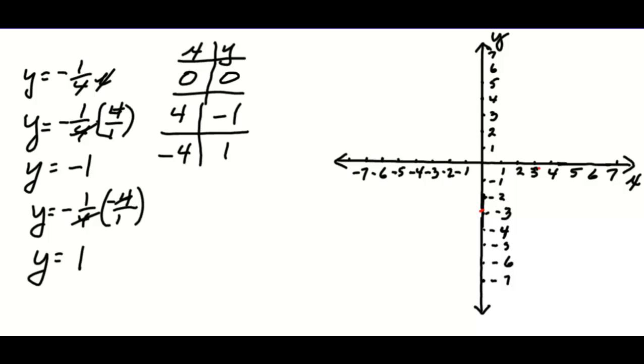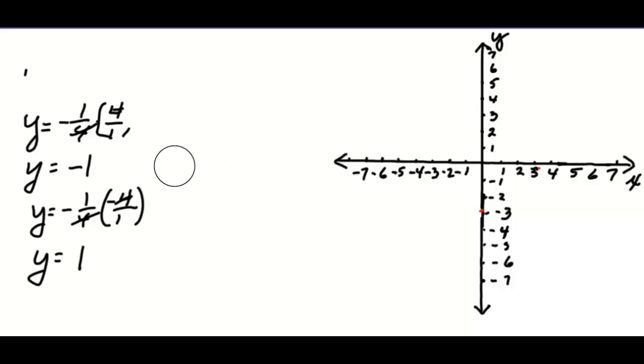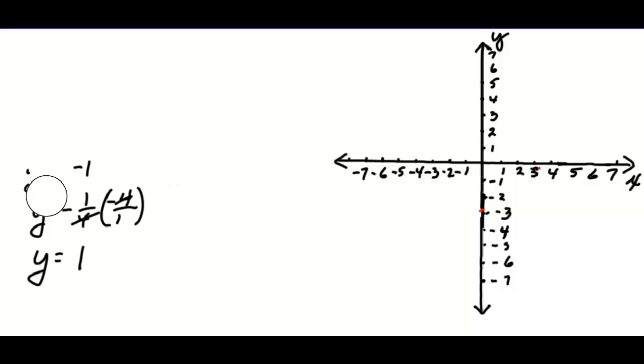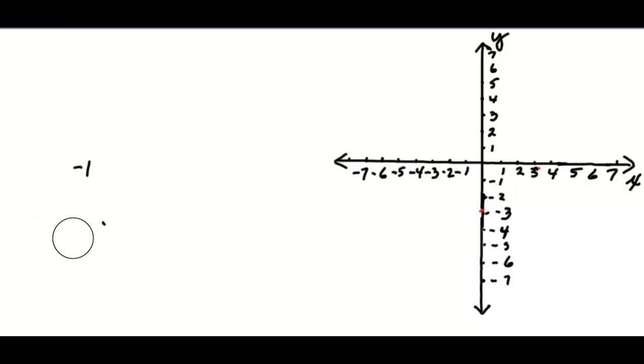Taking a look at two others that are on that page, what we want to look at is problems number 22 and 24. In 22, what it says is y equals negative 3. In this particular case, there is no x variable there.